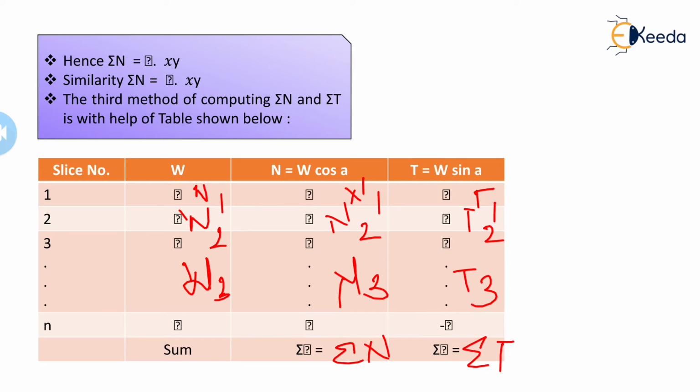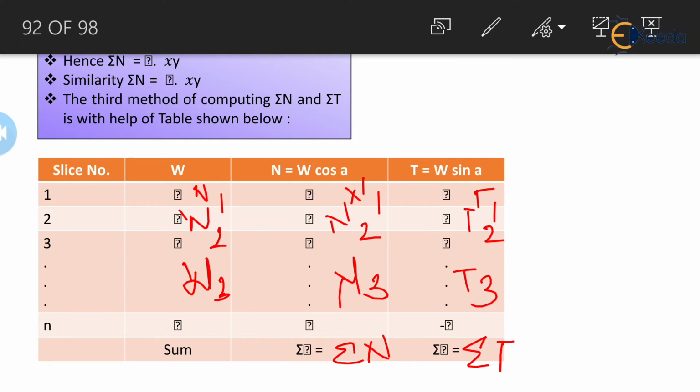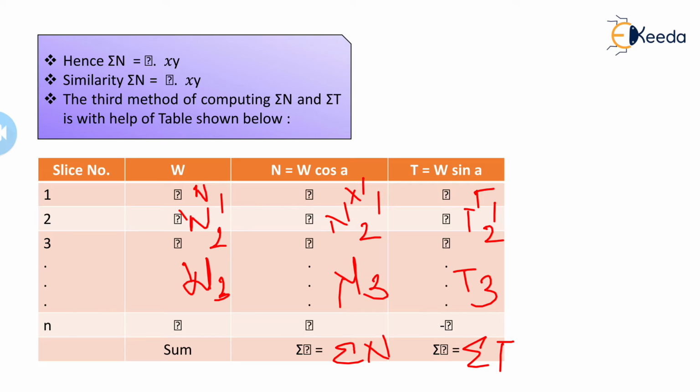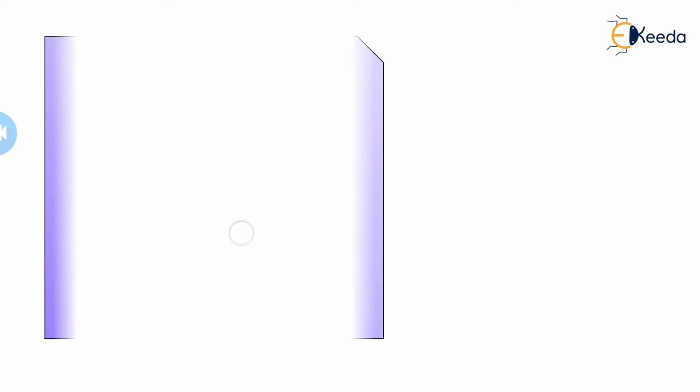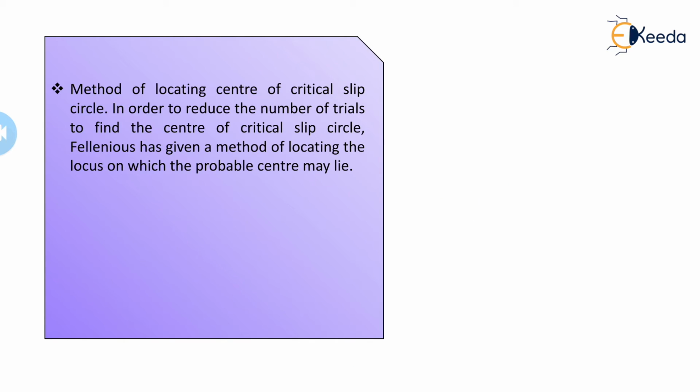Then after getting the W for each slice, we can find out the N component as well as the tangential component. In this manner we can find the N and T values, put these values in the factor of safety against sliding equation, and easily find out the factor of safety.